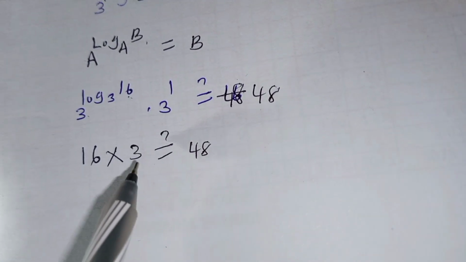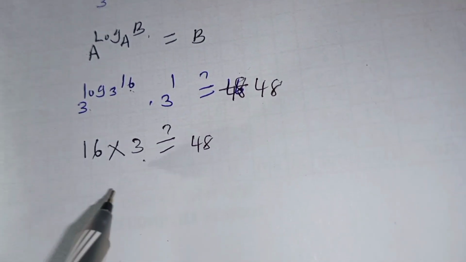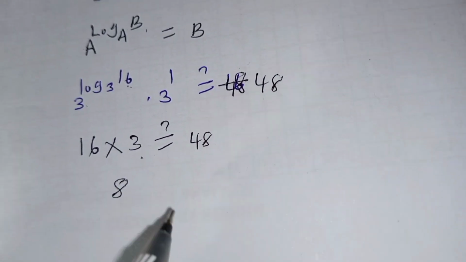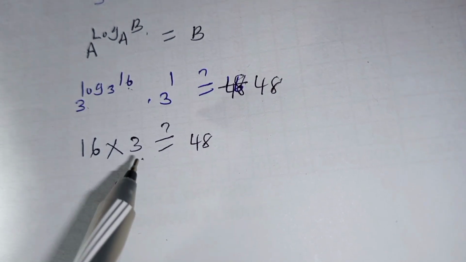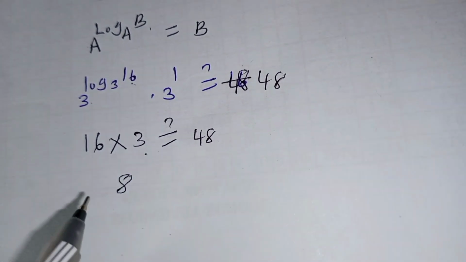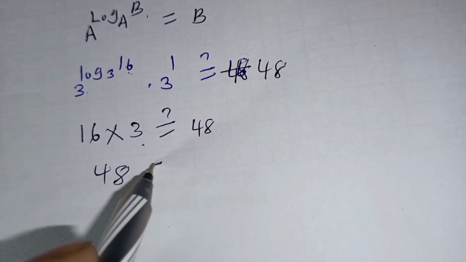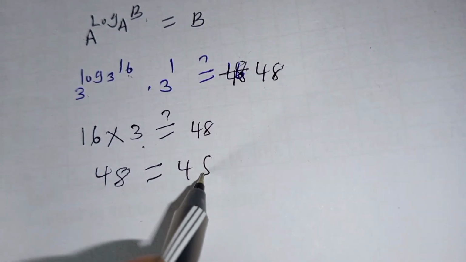So 3 times 6 is 18, carry 1. And 3 times 1 is 3 plus 1, 48. So 48 is equal to 48.